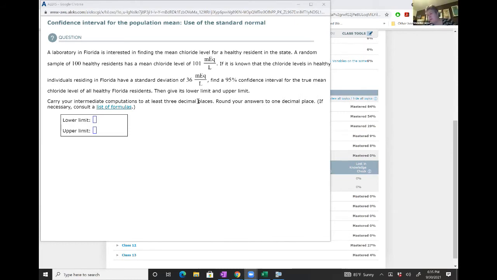Yep. So our sample size is 100. We know the mean is 101. What's my standard deviation? 36. And what confidence level do we need? 95%. What does that mean in terms of that critical value? Z is equal to 1.96. Very good.